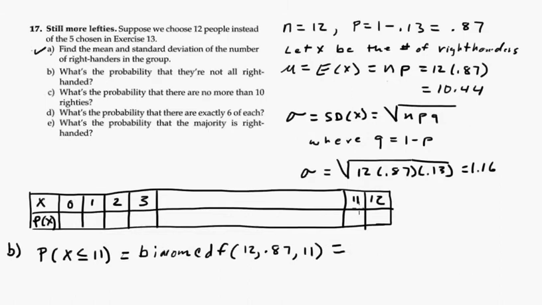Now, if you had the table filled out, you could also go 1 minus the probability of X equals 12. Use the complement. So I don't have that right there. If I wanted to get it from the calculator, I'd say binom PDF, 12, 0.87, and 12.